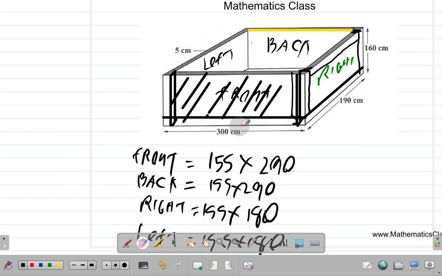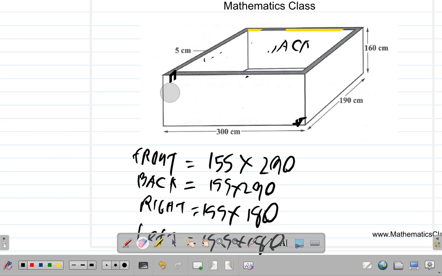Now, let me erase some of what I have here and deal with the base. If you are able to look through the trough, right? Let me draw that. This comes right down, and this comes so.